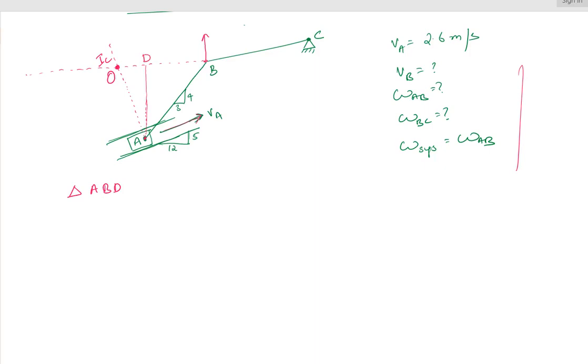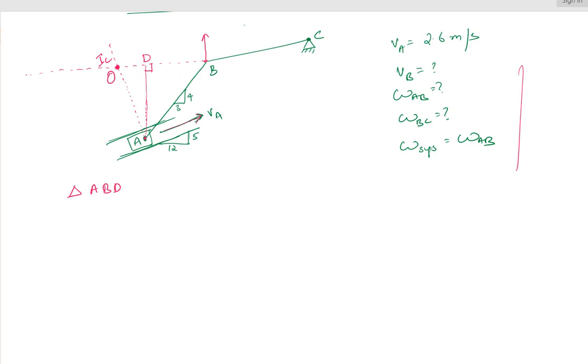So look at triangle ABD. We're drawing AD such that AD is perpendicular to OB. We're splitting triangle AOB into two right triangles, so that we can find OD and DB, and that way we can find OB. And also the triangle AOD will help us find AO.